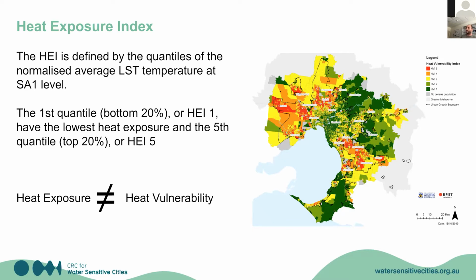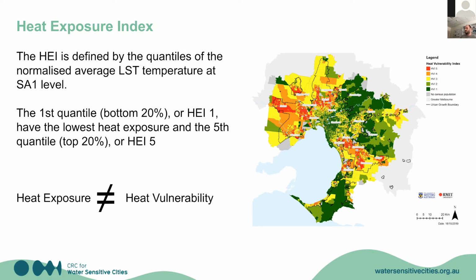So that means a heat exposure index of 1, which is the lowest, shows you the bottom 20% of the heat range that we get in terms of land surface temperature. And heat exposure 5 shows you the highest. Now, I just want to stress here, heat exposure is not the same as heat vulnerability. With heat exposure, we can assess which areas are the hottest. And to get to your heat vulnerability, you then intersect that with the demographics of the population.